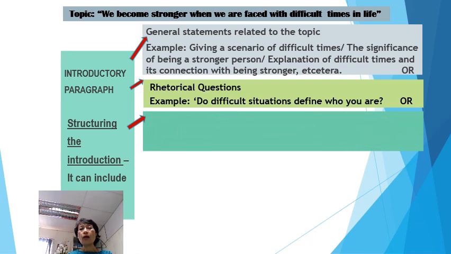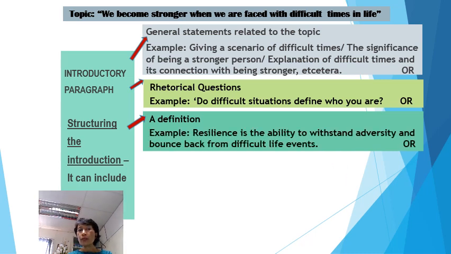The next method that you can adopt would be a definition. You may give a definition to the keywords given in the topic. In this case, the example given is "become stronger in difficult times."